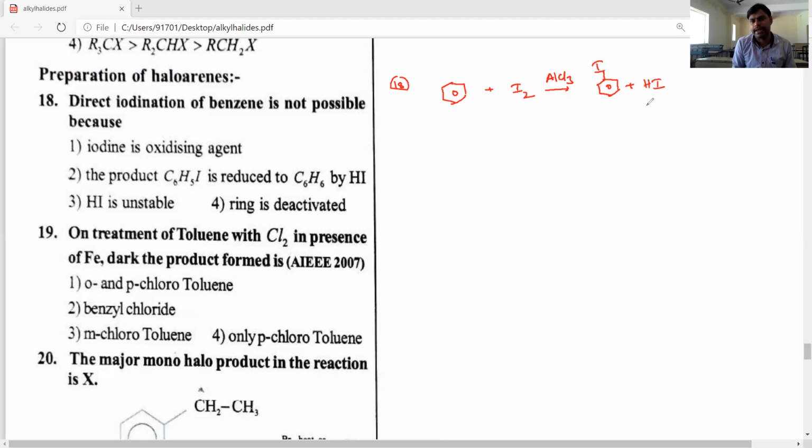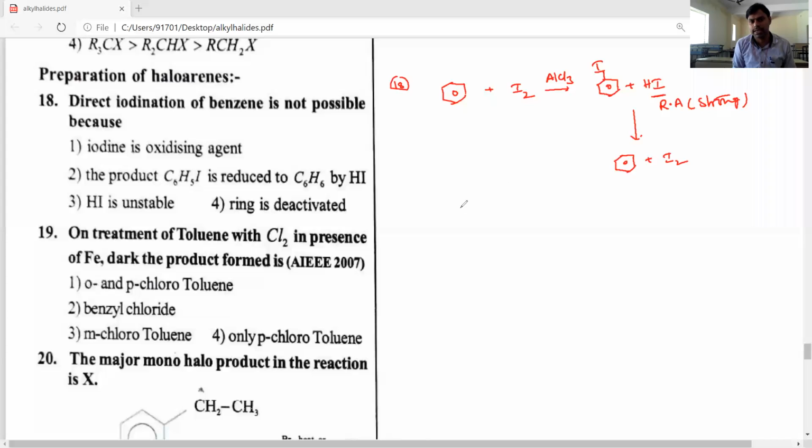Here this HI is a strong reducing agent. Then it reduces iodobenzene into benzene plus iodine.